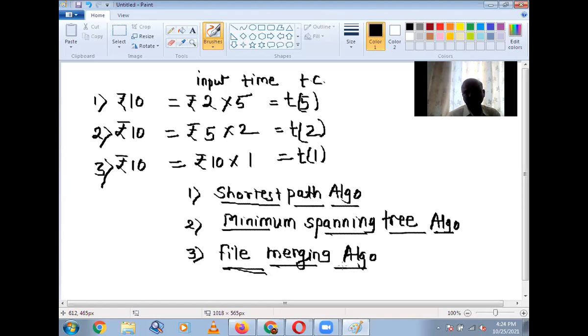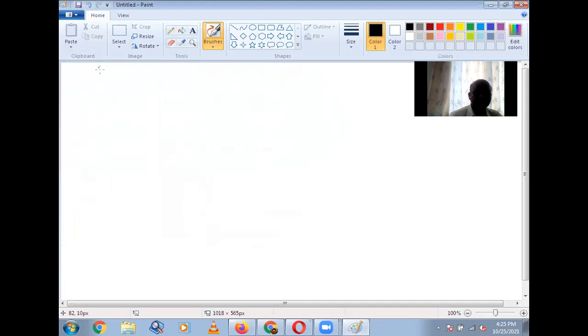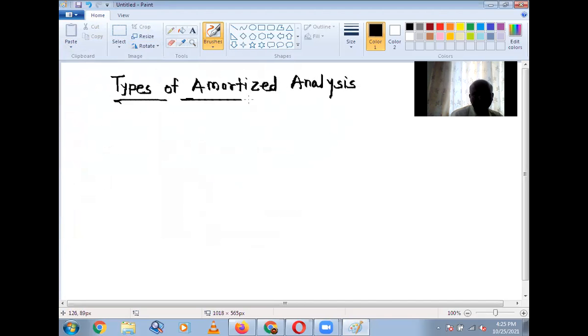Okay, there are three types of amortized analysis. First is the aggregate method.